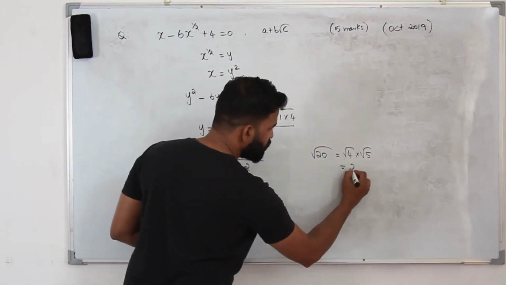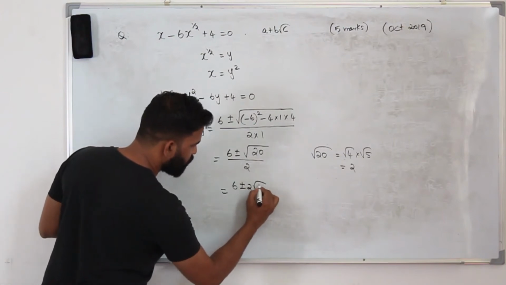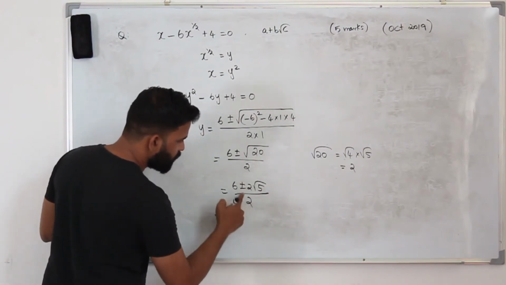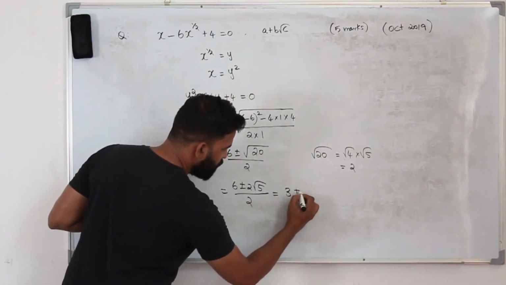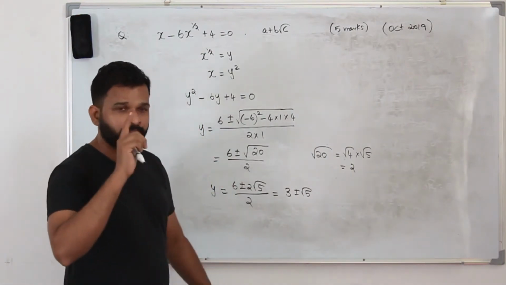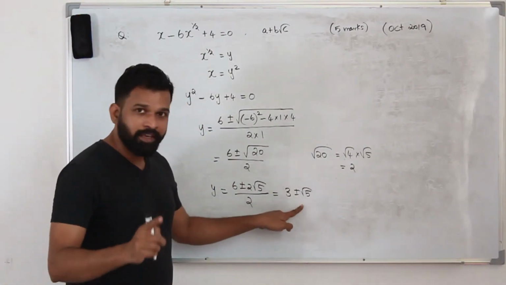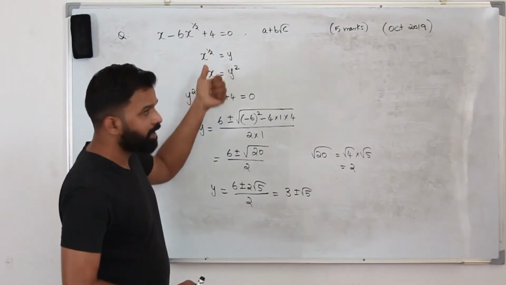Square root of 4 is 2. So you can write this as 6 plus or minus 2 root 5 divided by 2. Take 2 as a common factor and cancel. You will have 3 plus or minus square root of 5, which is the value of y. Again, do not stop here. This is the value of y. You need to convert this y back to x.